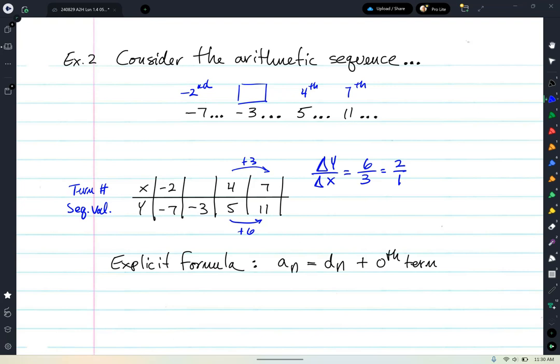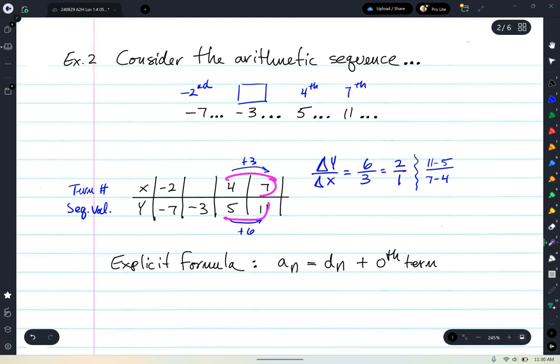And just to be clear, we could have done that like 11 minus 5 over 7 minus 4. We could have started here and gone this way. Or we could have gone 5 minus 11 and 4 minus 7.